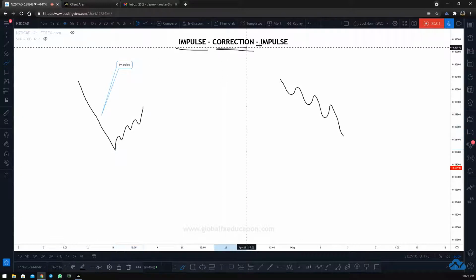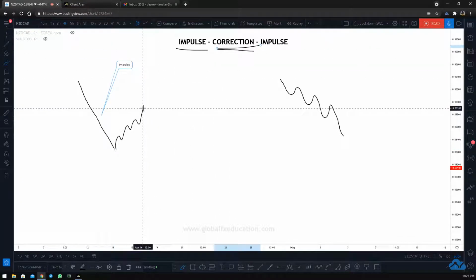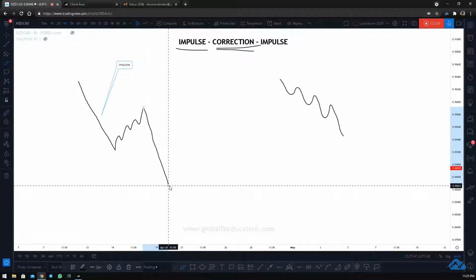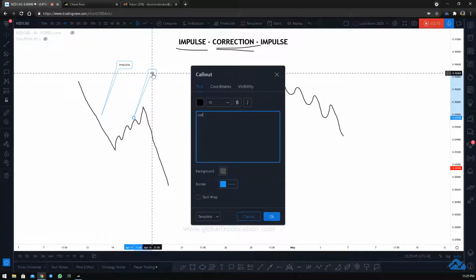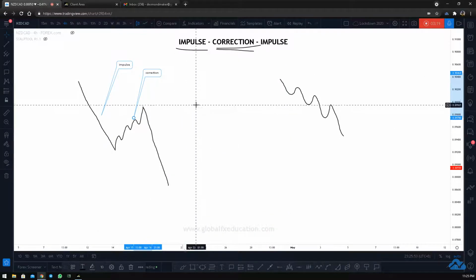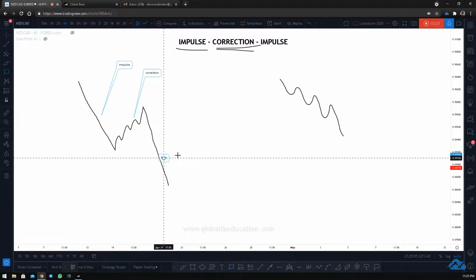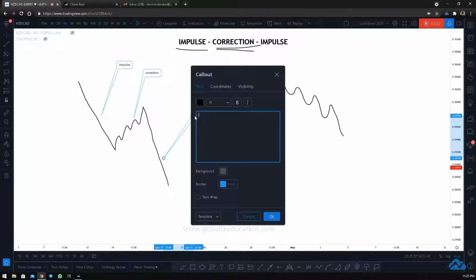So the market will create a correction, and after the market creates a correction, we would like to see the market create the next impulse. Okay, so we have a correction, and then we have the next impulse.